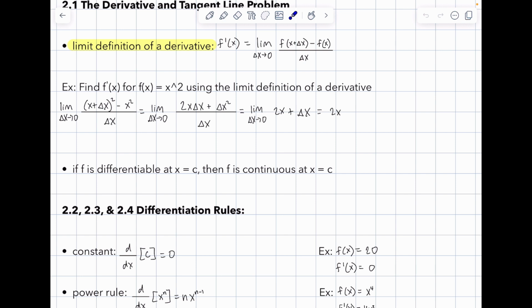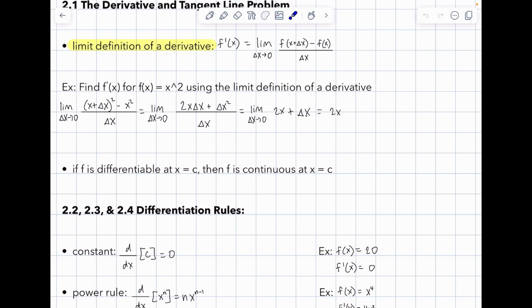So here we have our notation written out, and we have plugged in x, right? So here we have x plus delta x squared minus x squared, which is f of x, over delta x. And so when we simplify that, we get 2x delta x plus delta x squared over delta x here.